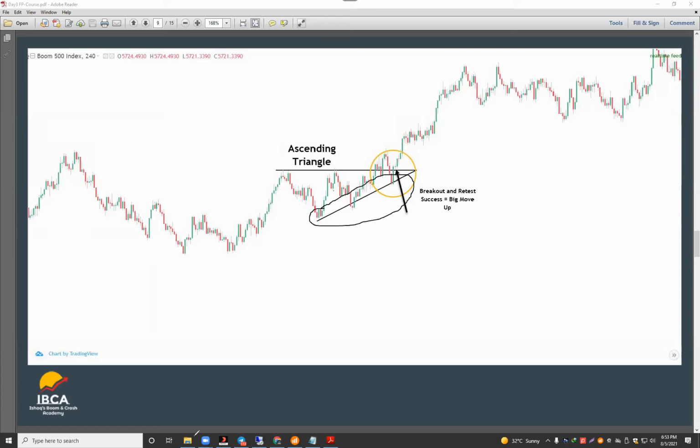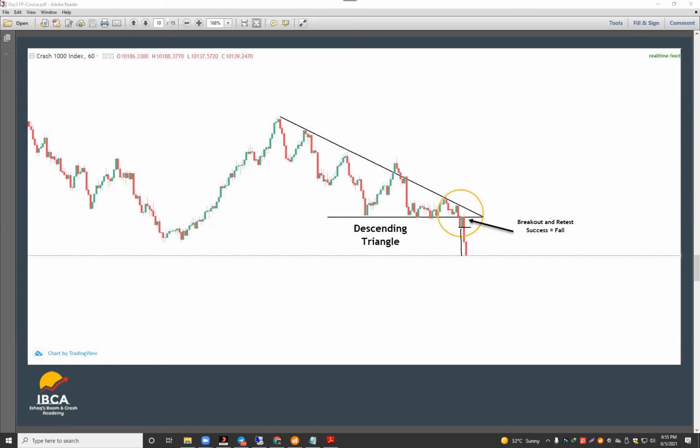Yes, sir. Because this pattern can be a reversal or a continuation pattern. So that's why when the retracement candle, retest candle, open price broke, it is confirmed. Now you can go down, right?